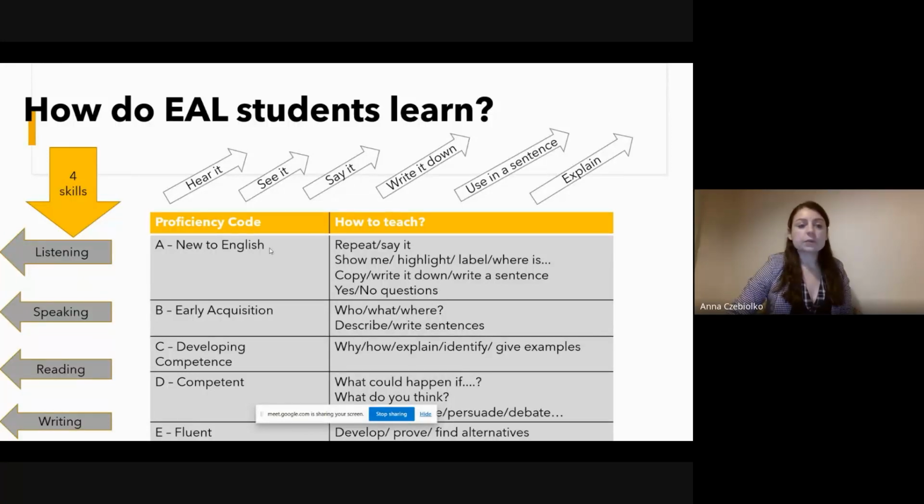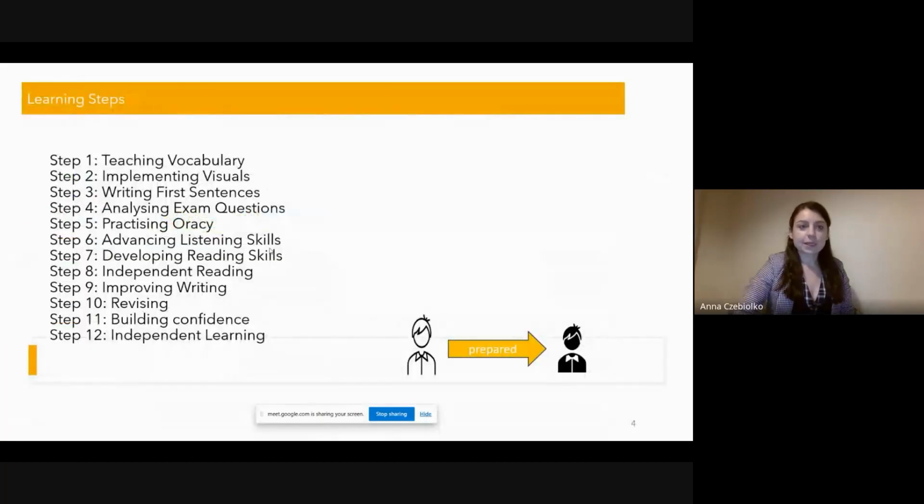And they also need to develop their 4 skills during lessons such as listening, speaking, reading, and writing. Therefore, having the opportunity to hear, see, say, write down words or phrases or lesson content, use vocabulary in sentences, and explain processes and new content is absolutely crucial.